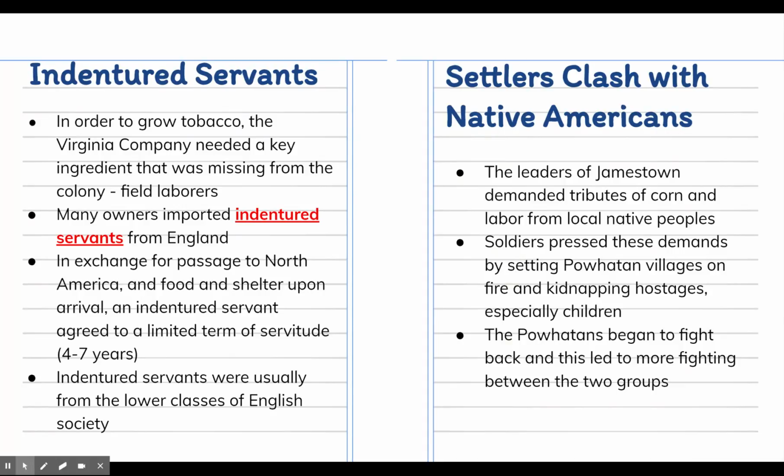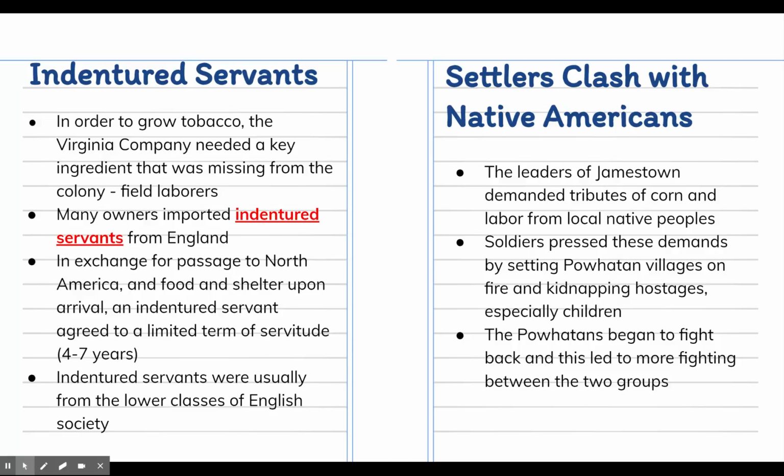So in exchange for passage to North America and food and shelter upon arrival, an indentured servant agreed to a limited term of servitude, usually 4 to 7 years. And for that time, they belonged to their owner. But this, again, was a contract that they willingly entered.